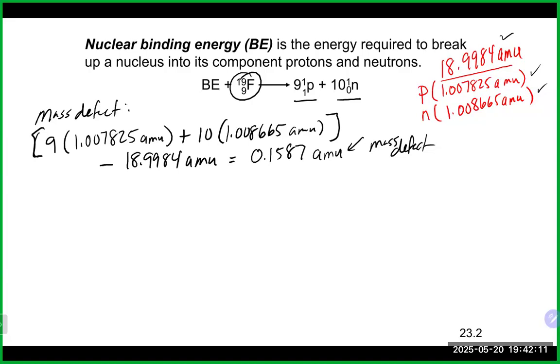Now, to calculate the binding energy, we can use Einstein's equation, E equals mc squared. We put in our number, 0.1587 AMU, which is our mass defect, and multiply it by the speed of light, which is a constant.